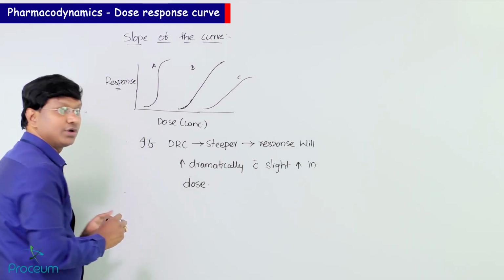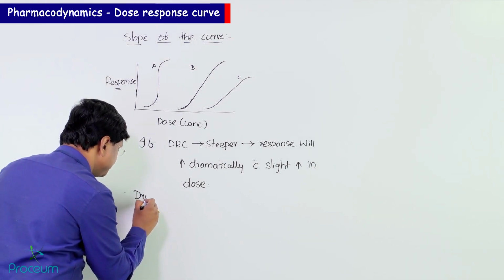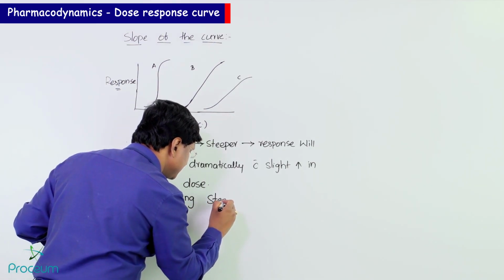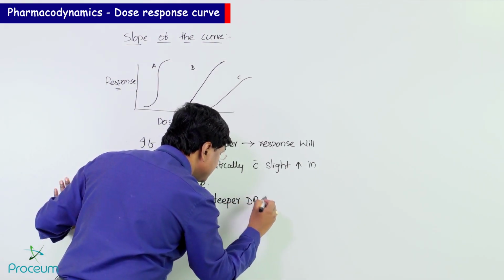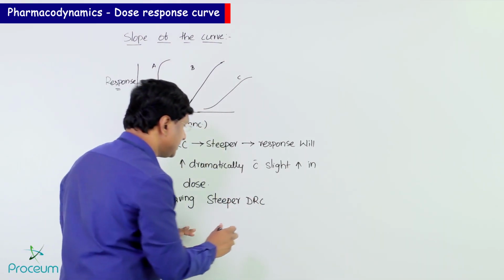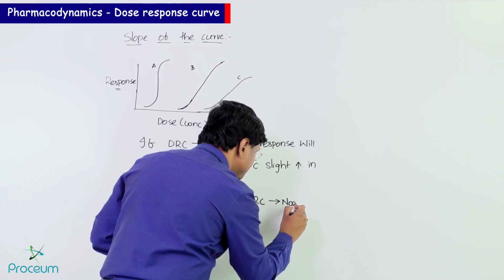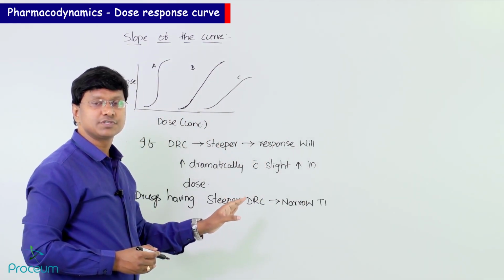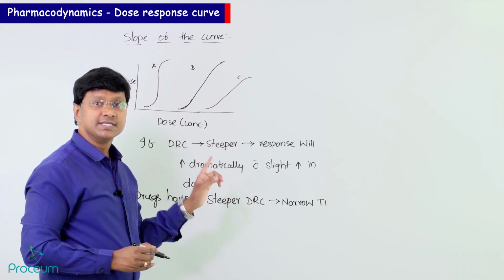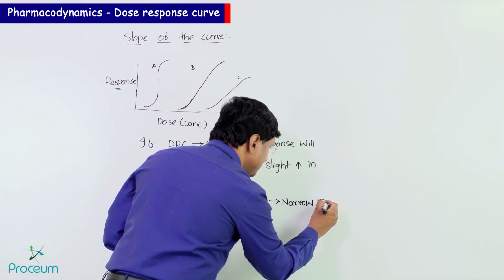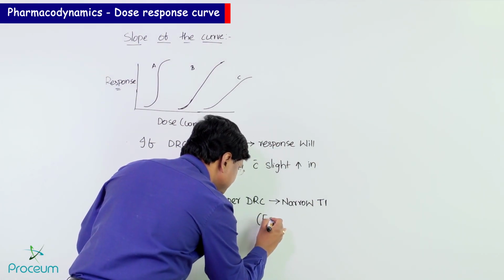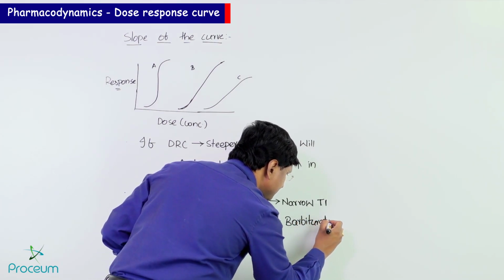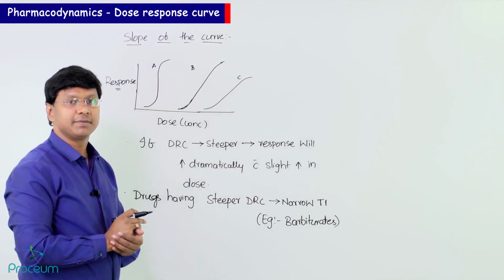What are examples of drugs which have a narrow therapeutic index and a steeper dose response curve? An example is barbiturates.